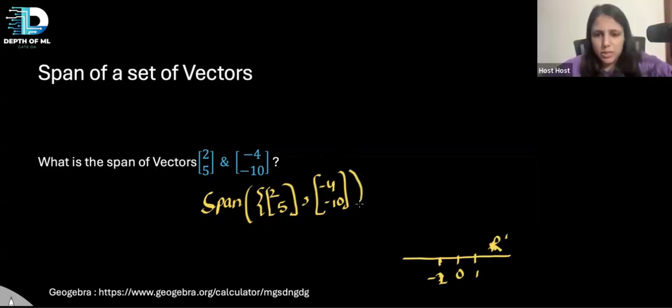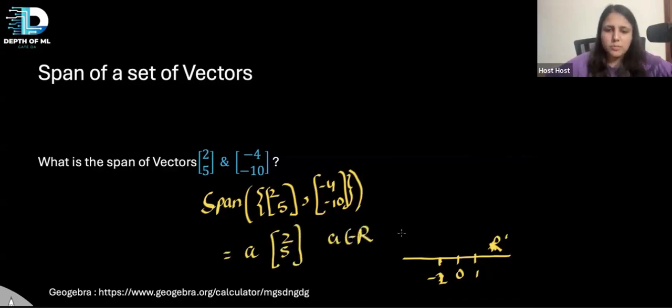Correct. Nobodha has also said it, the line passing through these two points. First of all, I get what you meant, but these are two vectors, okay? These are not points. But obviously, if you connect the origin and the point, you will get this vector. In terms of vectors, I will write the span of this as a times (2, 5), where a belongs to the real numbers.